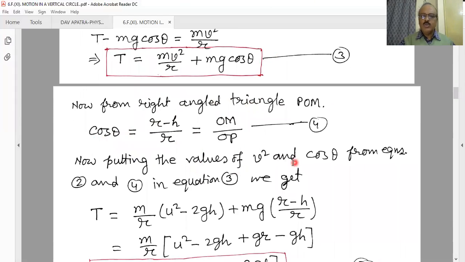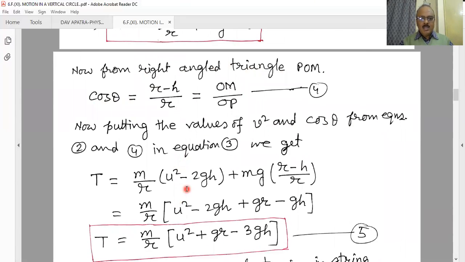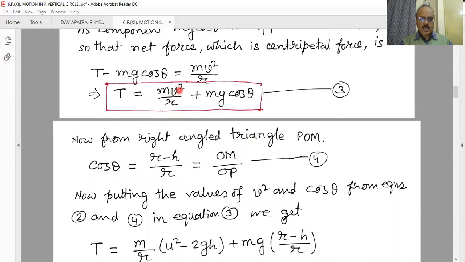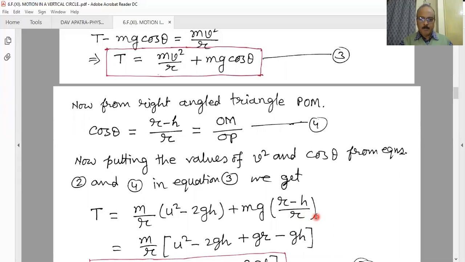Now putting the values of v square and cos theta from the equations, the value of v square we already have, that is u square minus 2gh, and in this equation, m v square by r, that is (m by r) into (u square minus 2gh) plus mg cos theta. The value of cos theta is (r minus h) divided by r.